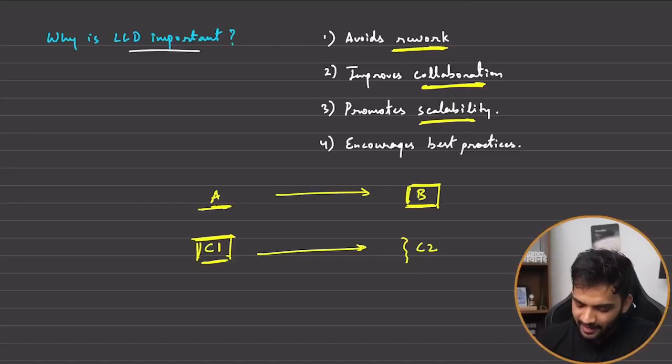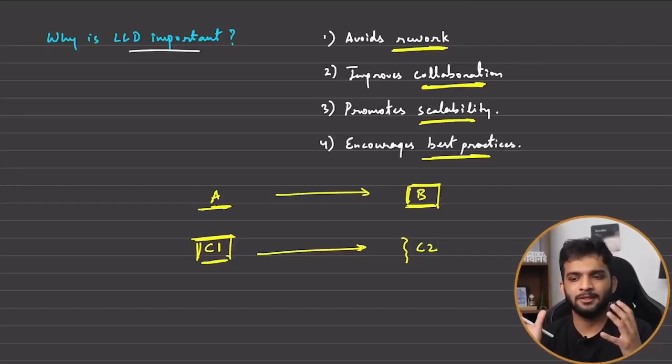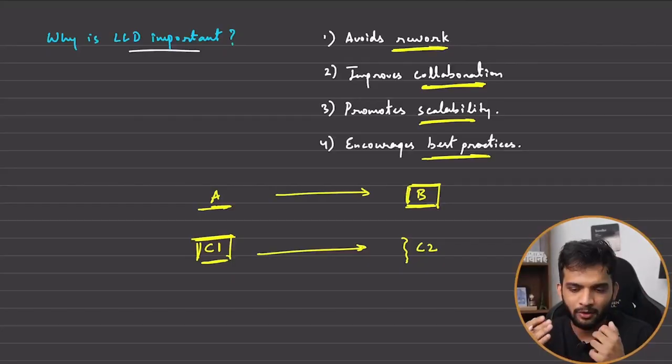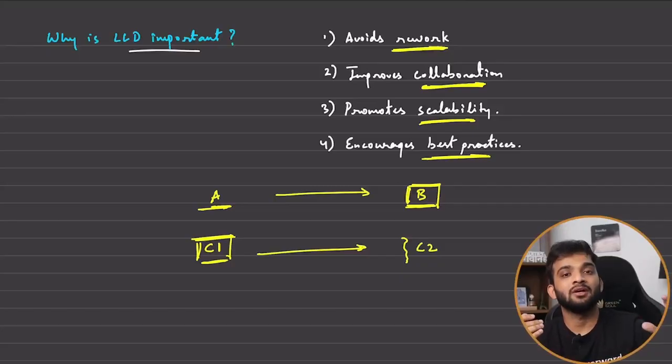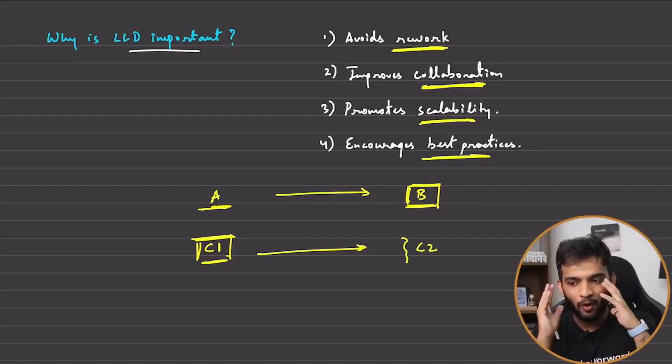Got it? Encourages best practices. Why is this important? Imagine today you're working and you're writing a lot of code, and today you leave your company. Tomorrow someone else will be joining. For him to understand, he should know what kind of things you have done, right?